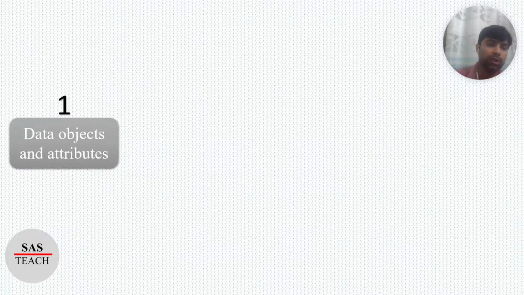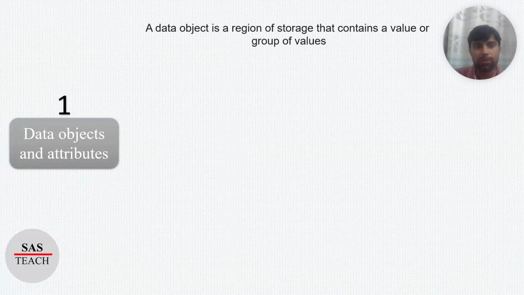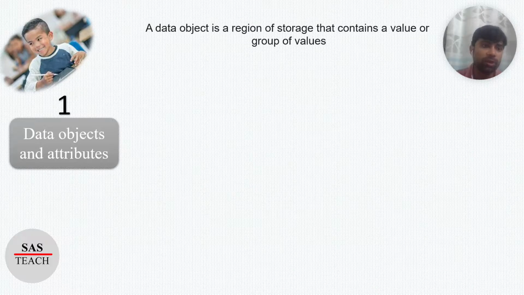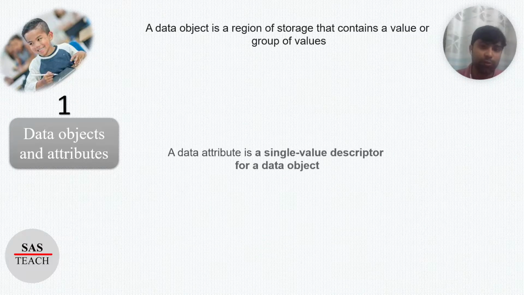The first step for getting to know the data is data objects and attributes. A data object is a region of storage that contains a value or group of values. For example, here we have a student. A student is considered as an object, and the second thing is attributes.